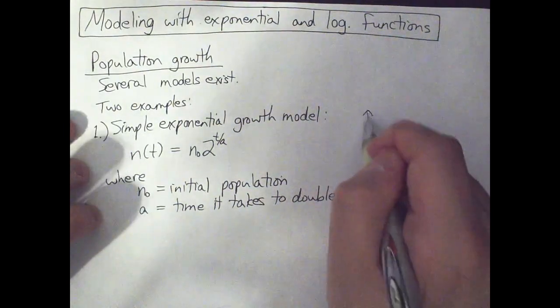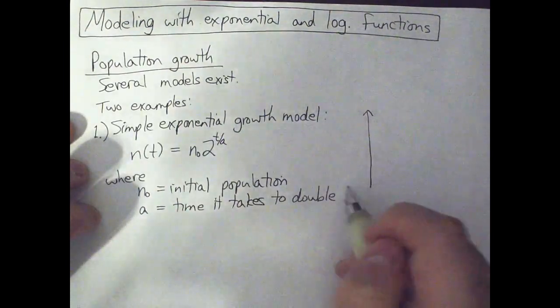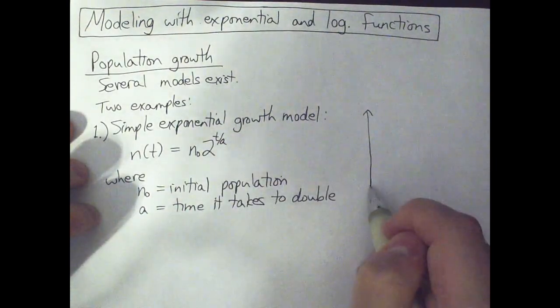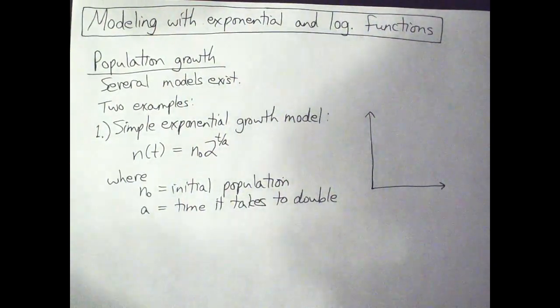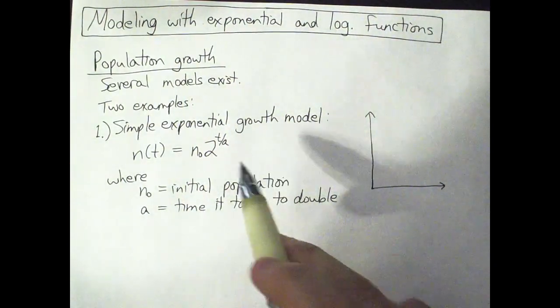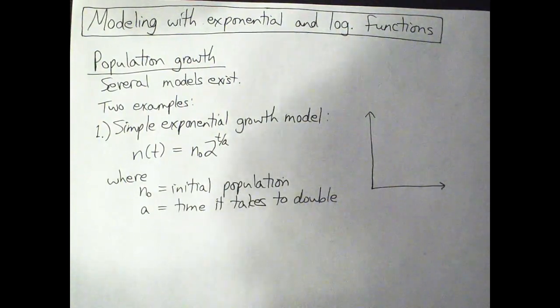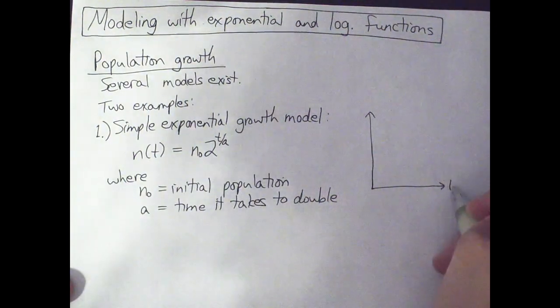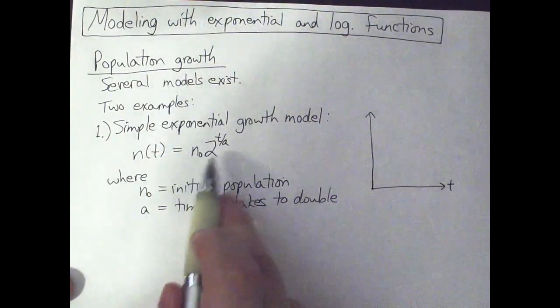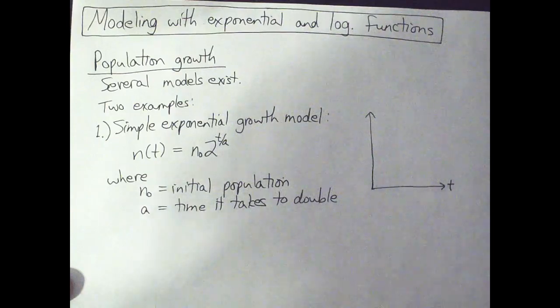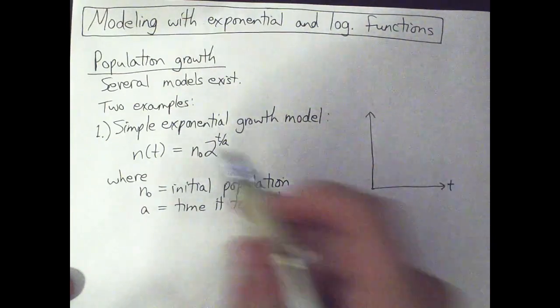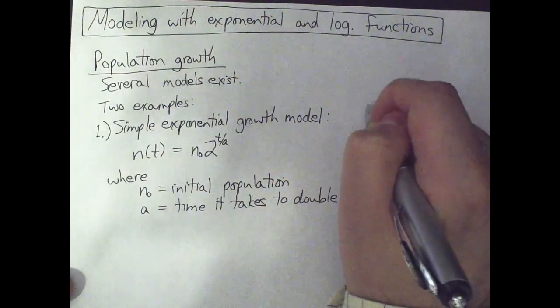Now, this is exponential. You see that it's 2 raised to a power. And what winds up happening, we could graph this. I guess we wouldn't really call it like an x-axis and a y-axis because there's no x's and y's in this equation. We could say that this is the t-axis, the amount of time that has passed, because this is a function of t, so that should be on the horizontal axis. The vertical axis, maybe I'll just call that n.